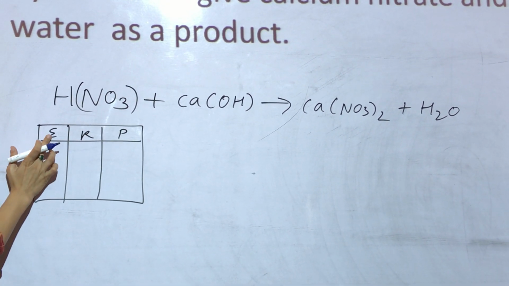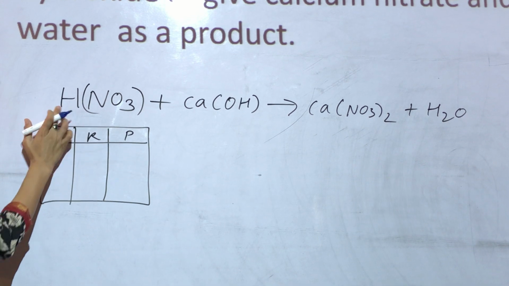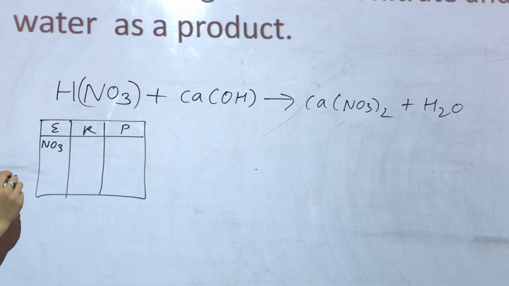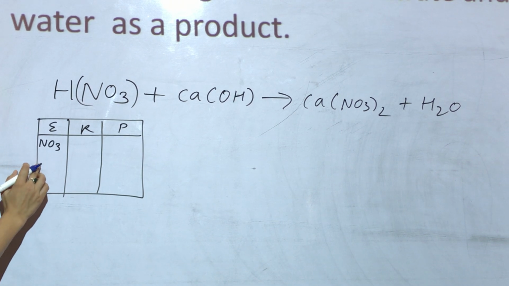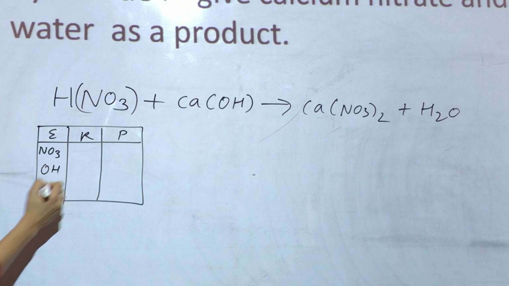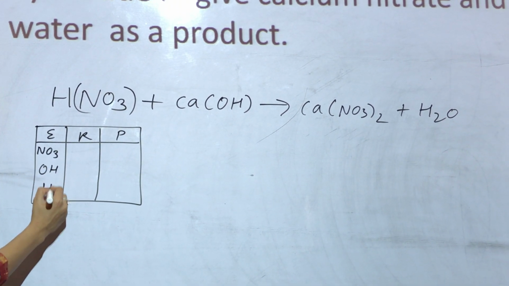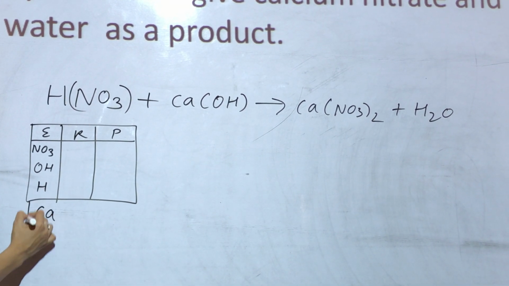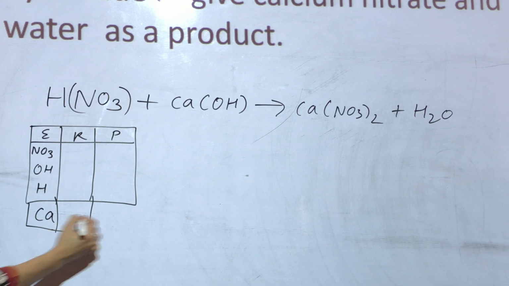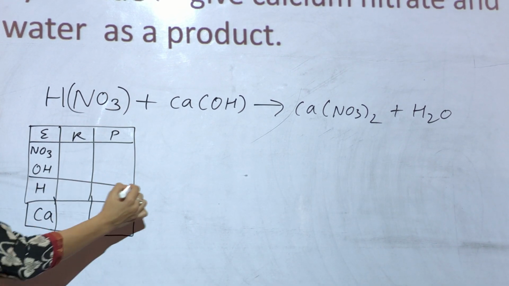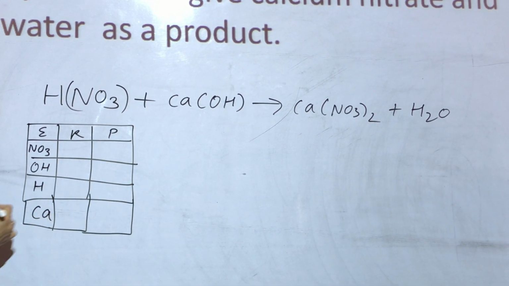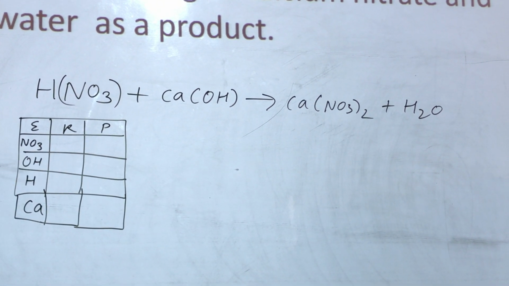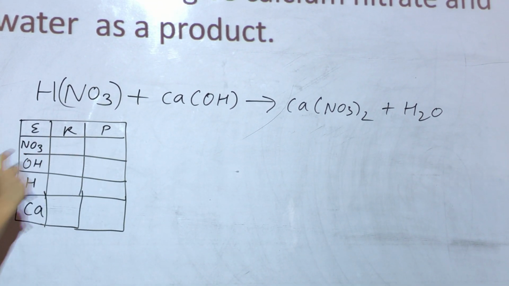So what are the elements present here? First, the NO3 nitrate ion is present. On the product side also nitrate is present, and the hydroxide ion is present. OH is present. Then hydrogen H is present, and another one is calcium. So these are the elements which are present on both sides. One thing I told you to remember is that you have to make sure the polyatomic ion is present in both the reactant and the product side.